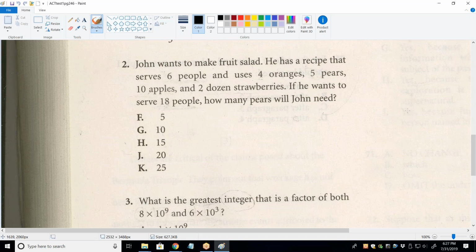What's the relationship? Which is what? You can't leave it as 6 to 18. You always got to simplify those things. Yeah. So if it's 3 to 1, how many pears does he need?